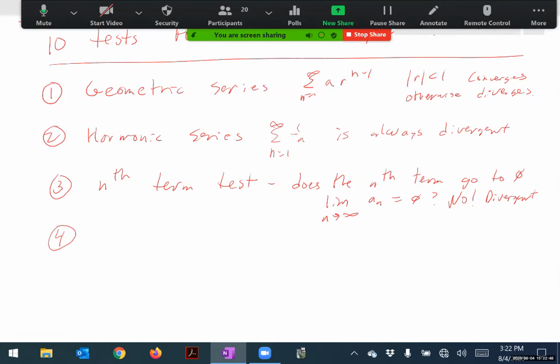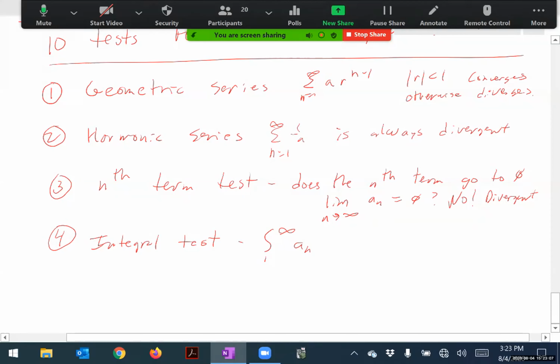Okay, number 4, the integral test. This is the integral from 1 to infinity of a sub n.